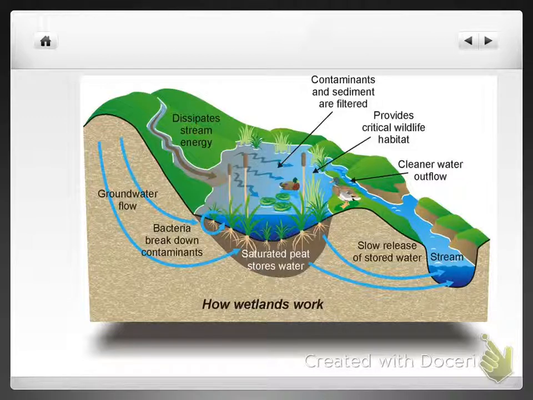The bacteria in the marsh helps to break down things that don't belong in the water. And then as it goes on through, it flows out and it is cleaner than it was when it came in. So wetlands and then the soils that are underground are both natural filters to help remove pollutants and contaminants from the water.